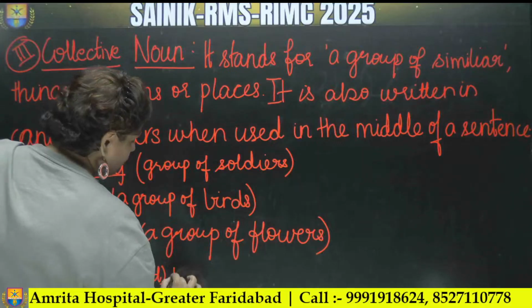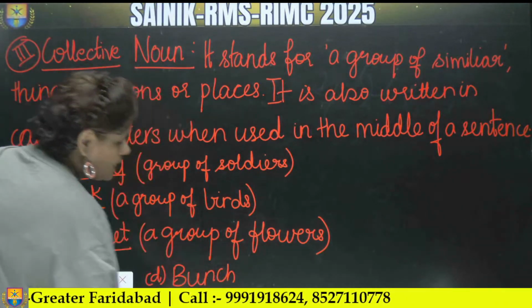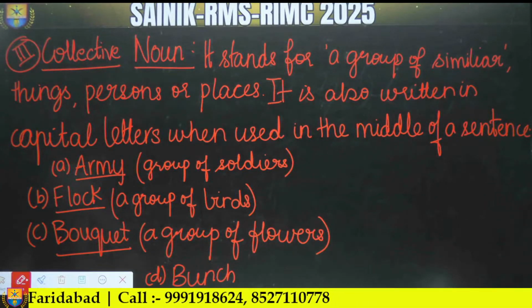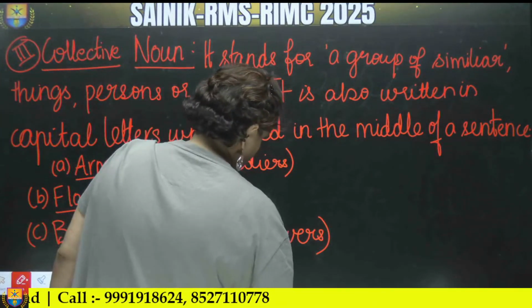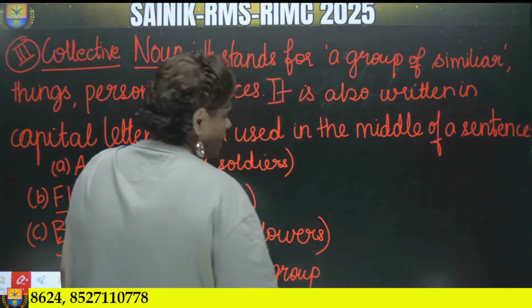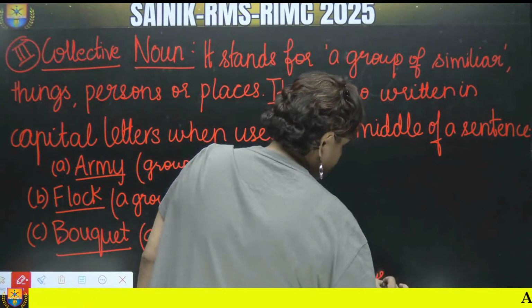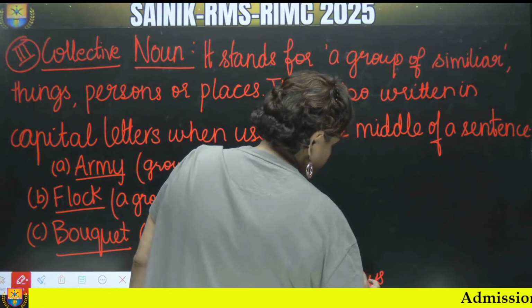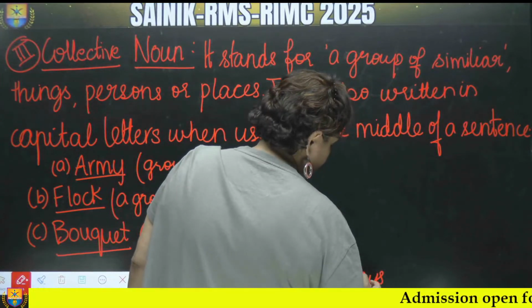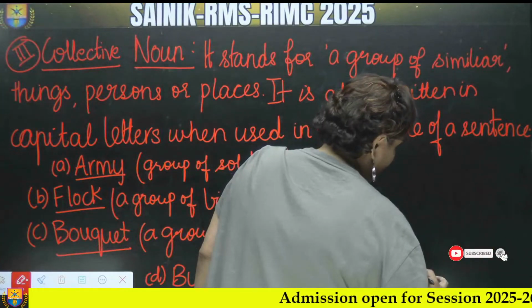D, we have the word bunch. Now, when do we use the word bunch? You can use this for a group of keys. You can also say it when you have grapes.